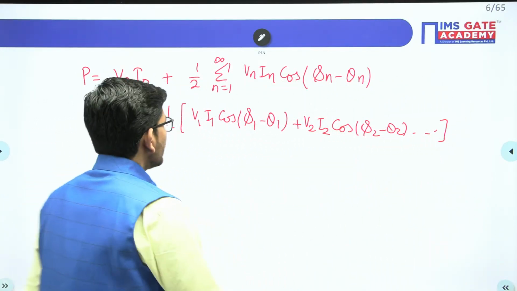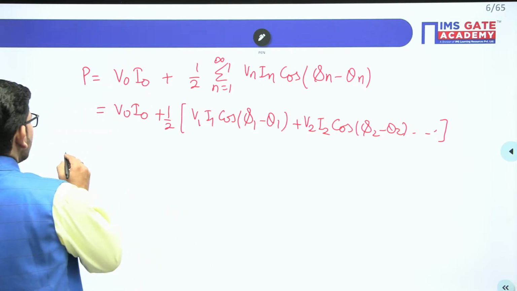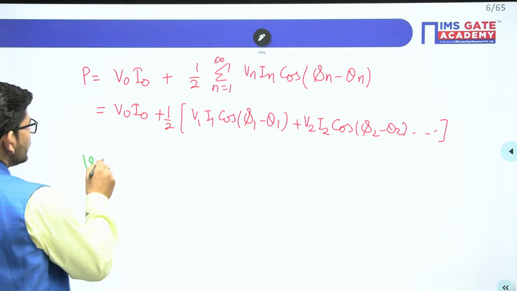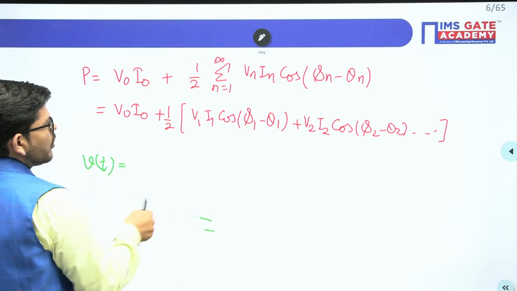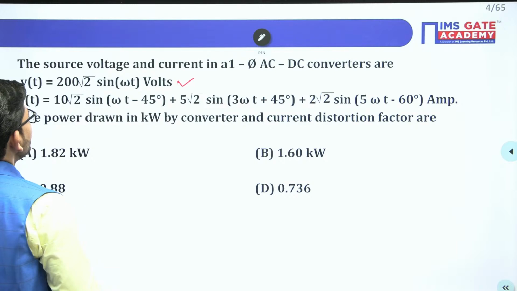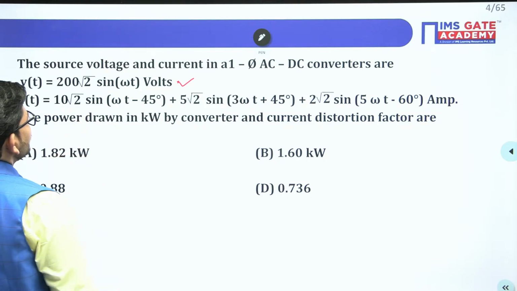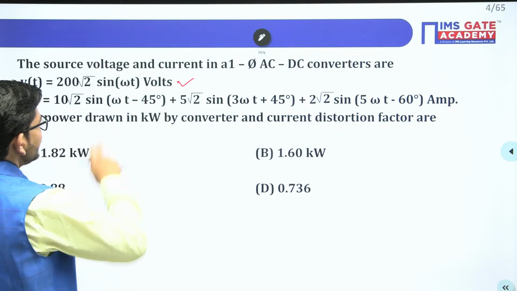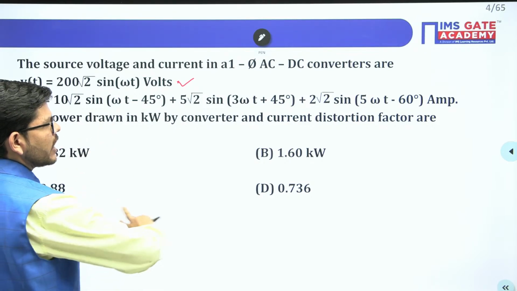Okay. Now coming back to the problem, the voltage given to us is Vt equals 200 root 2 sine omega t. And the current has the first, third and fifth harmonic.